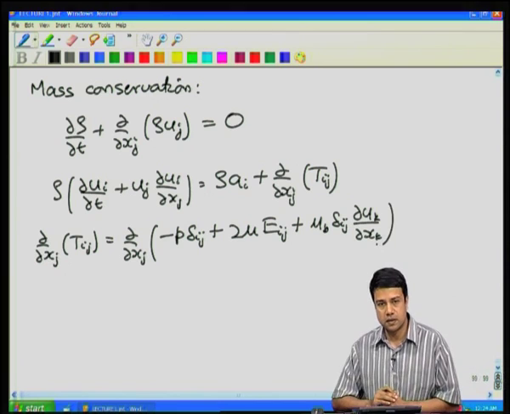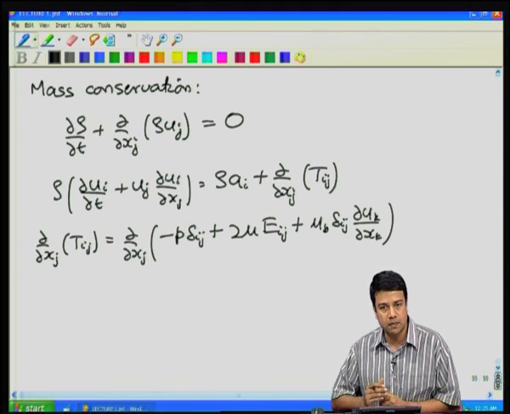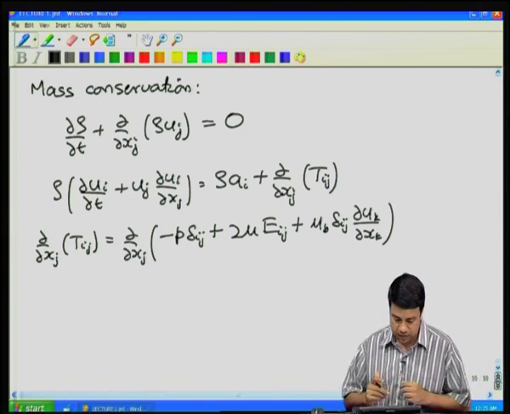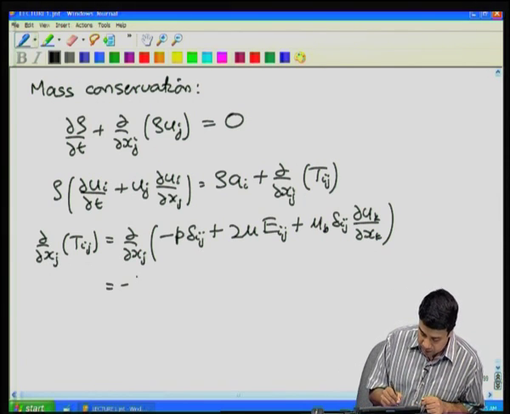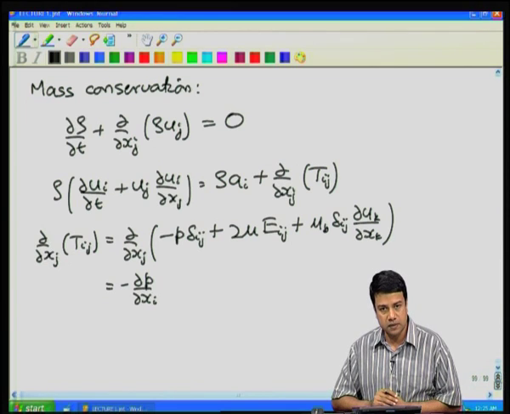Okay. So, that is the divergence of the stress tensor. Partial by partial x_j of minus p times delta_ij is just minus partial p by partial x_i, because delta_ij is non-zero only when i is equal to j.